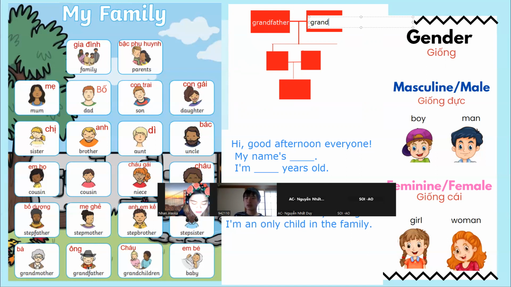Also, by the way, whenever you are introducing something about your family, make sure that it always starts with the head of the family, the male in the family, the oldest male. All right, grandfather, grandmother. Okay, for example, this is mom and dad.